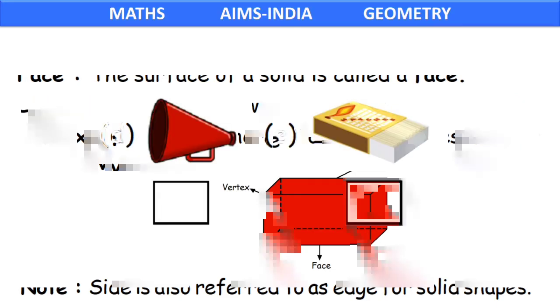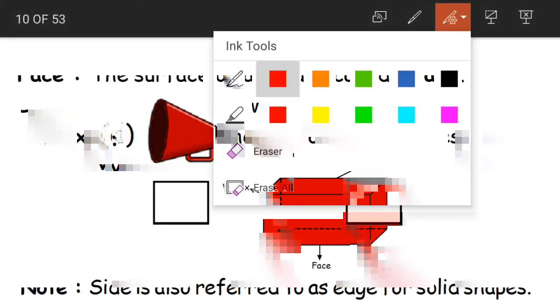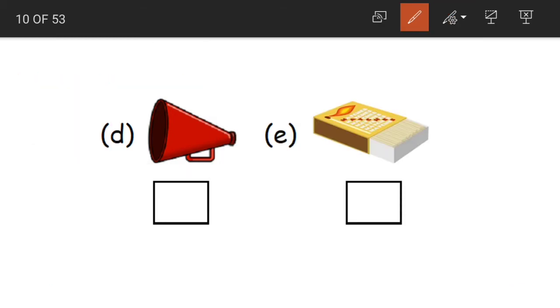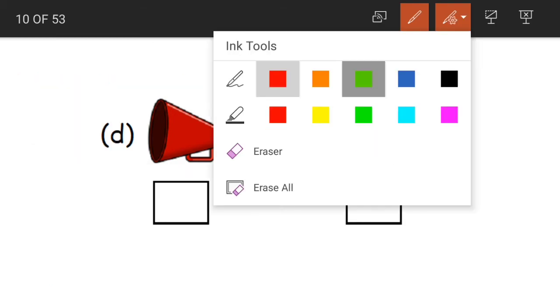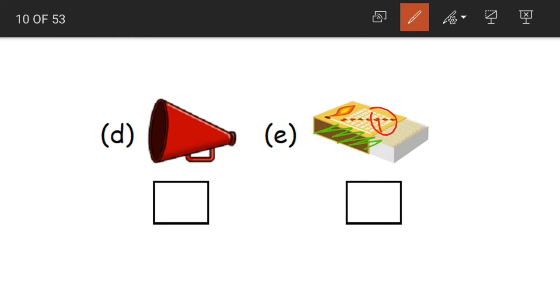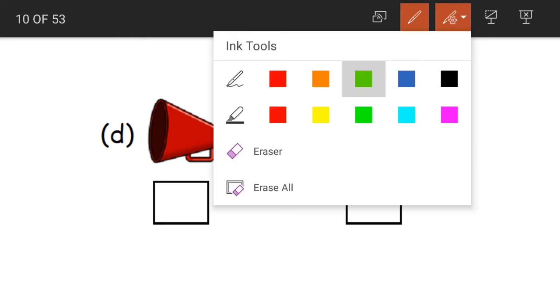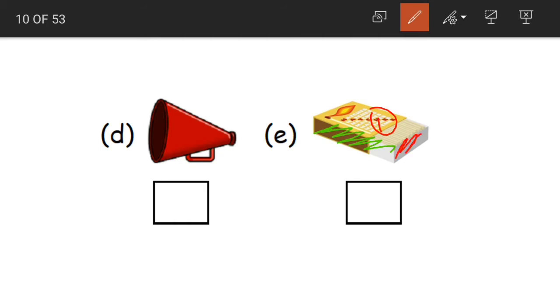For example, let us look at this. This is one surface, so it will be one face. Now coming to here, this is another surface, so that would be face 2. Then here this is another surface, that is face 3. Even here we have one surface, right children?